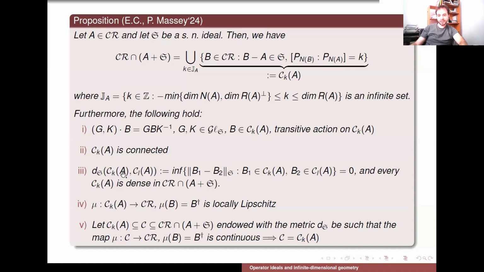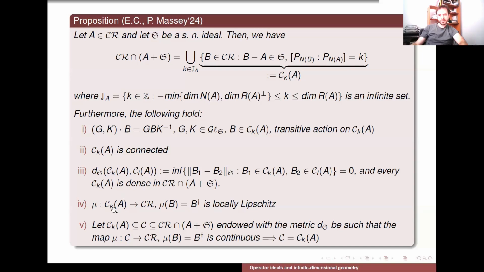Then we have this property: the distance in the operator ideal norm between any two of these sets turns out to be 0. This can be proved using properties of the index, and moreover, each of these sets turns out to be dense in our set of perturbations.